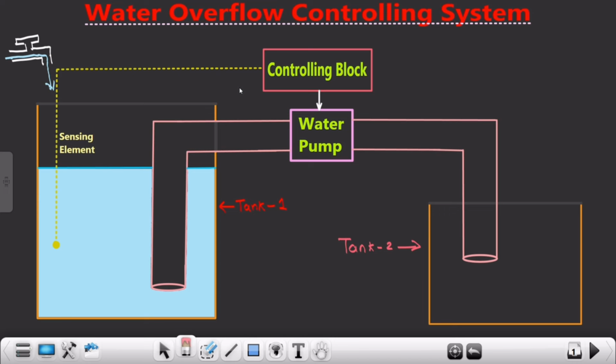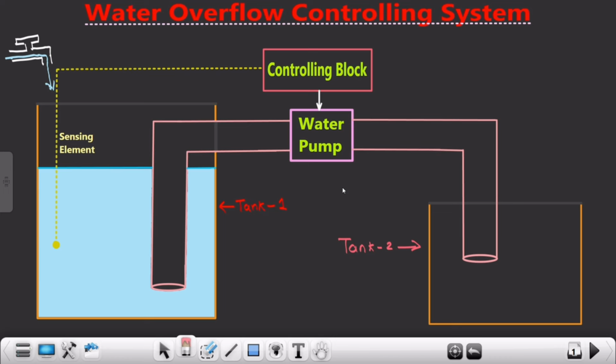And the output given by the controlling block will act as input to the water pump, and depending upon the input of the controlling block, the water level of tank 1 will get adjusted. Or in short, the extra amount of water that is present in tank 1 will get sucked and filled in tank 2, okay? So this is the basic idea of this particular project.